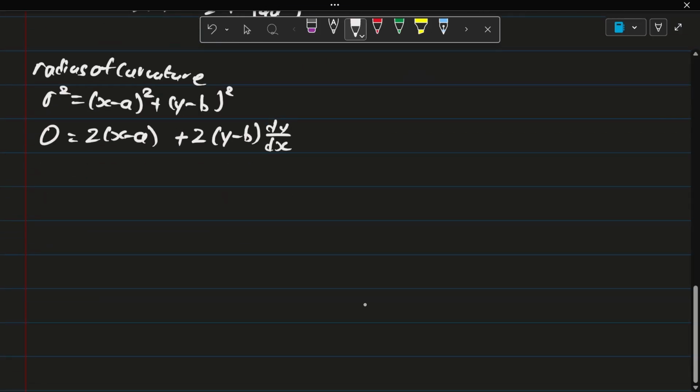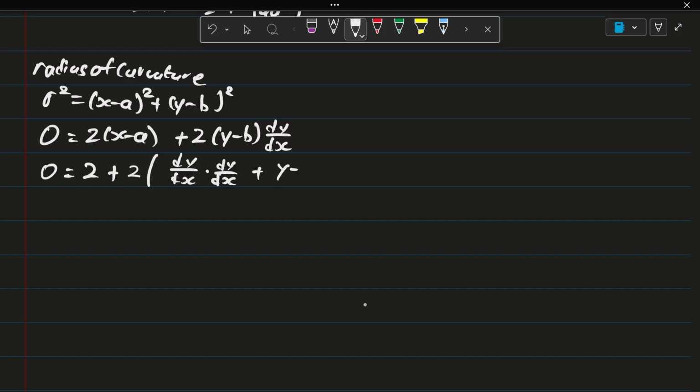So we get 0 equals 2 plus 2, the derivative of (y minus b), which is going to be dy over dx again, times dy over dx, plus (y minus b), which is still there, multiplied by the second derivative of y. So this is pretty much just the product rule.